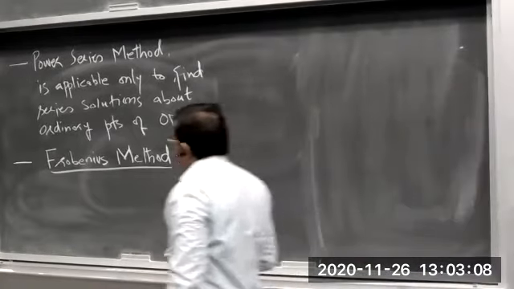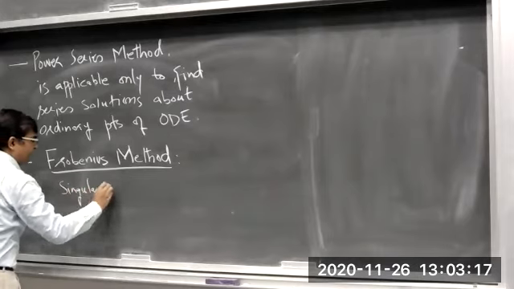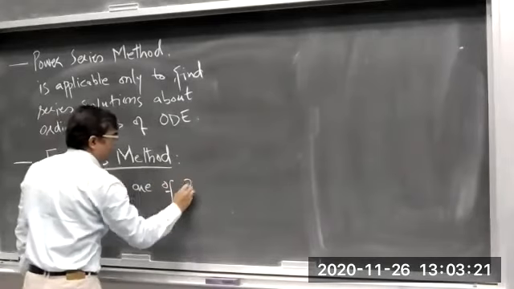Now, Frobenius further explained that singular points are of two types.